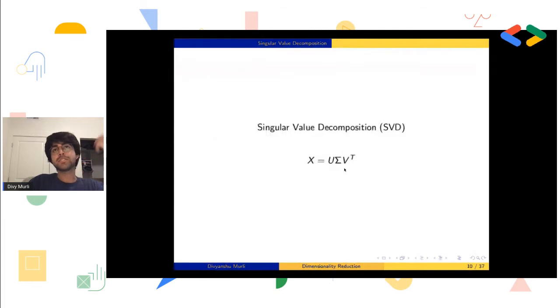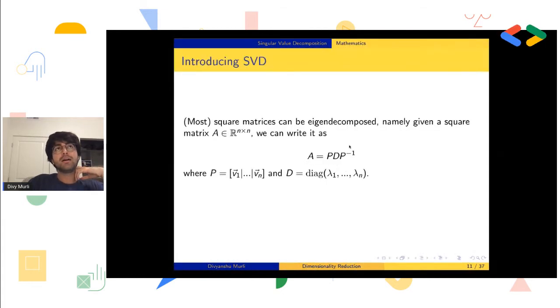To go into more detail, we'll introduce it from a linear algebra perspective of diagonalizing a square matrix. You've probably seen before that you can take most square matrices, not any actually, and decompose them into their eigenvectors and their eigenvalues.